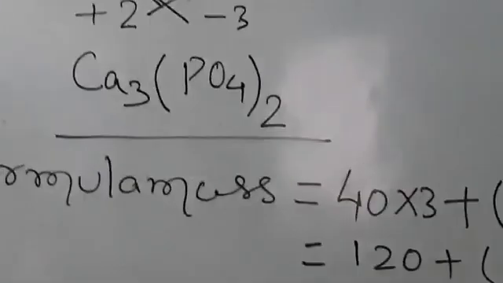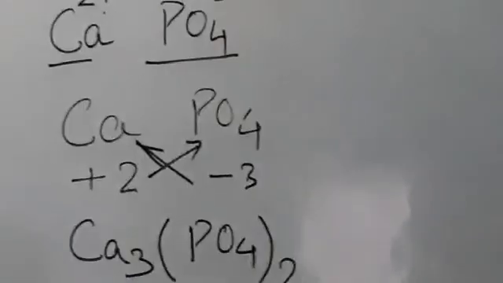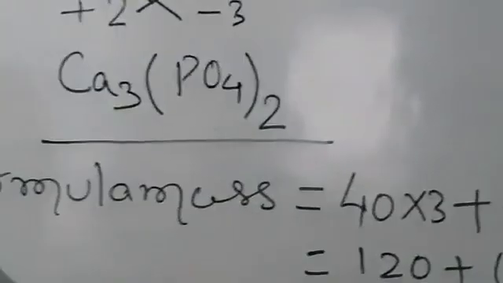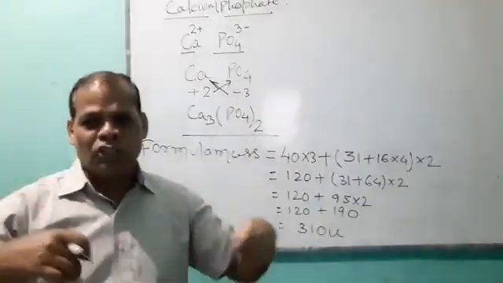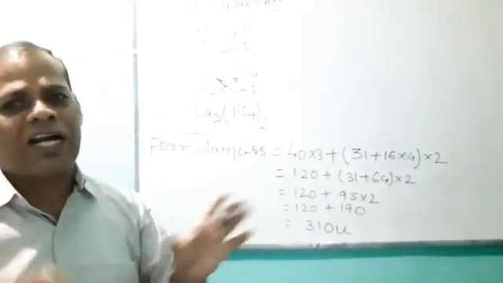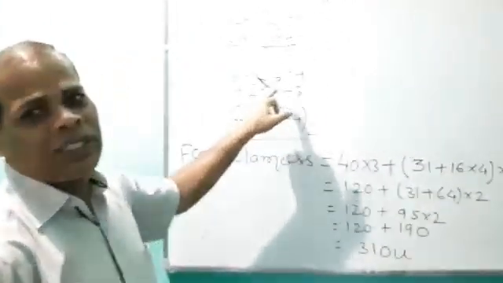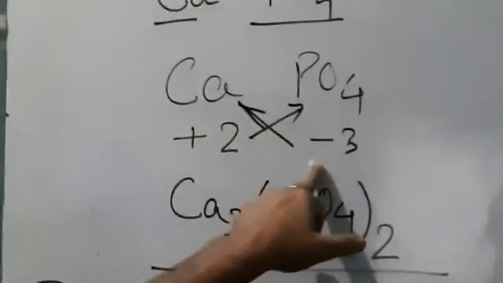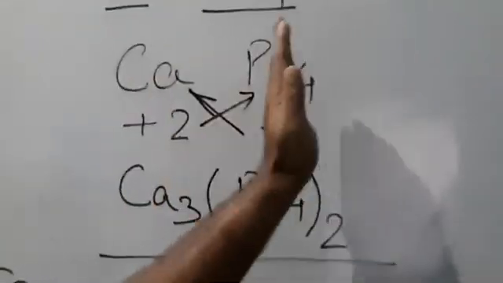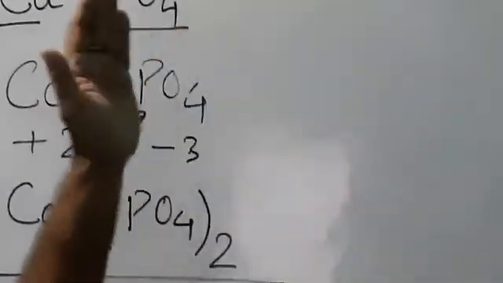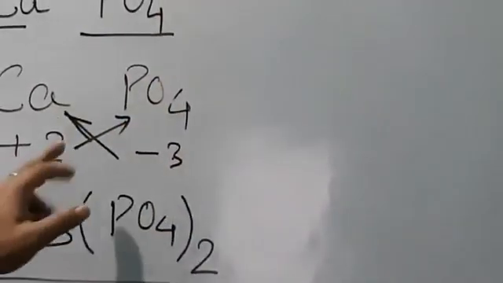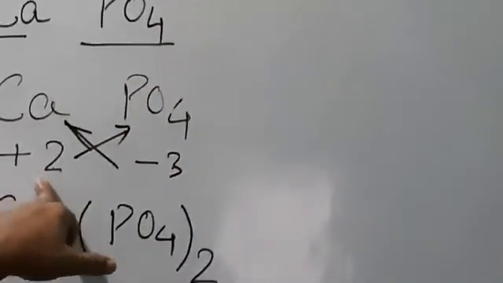Like sometimes when you are enjoying a marriage, you see that the boys put a garland on the girls, and the girls put a garland on the boys. So what happened? There is an exchange of garlands. The same thing is here also. The valency of calcium goes to the phosphate side, and the valency of phosphate goes towards calcium.